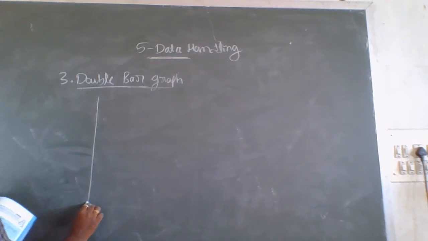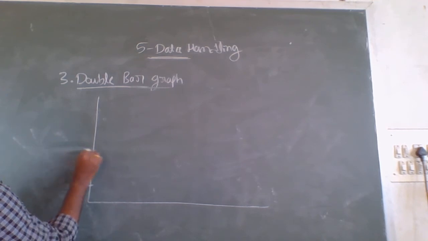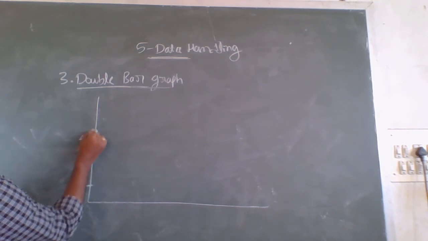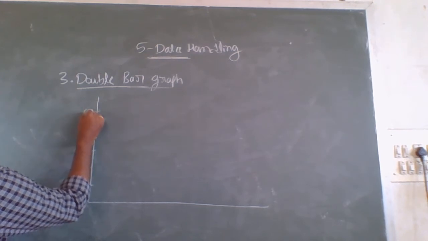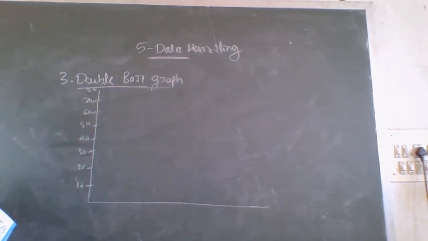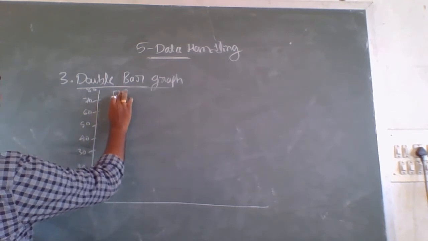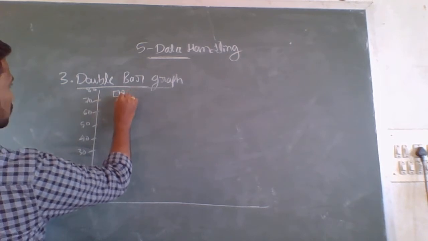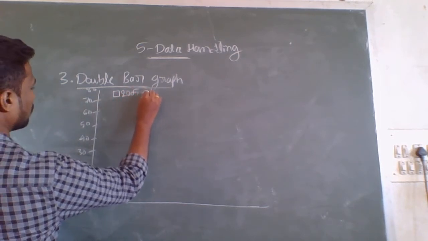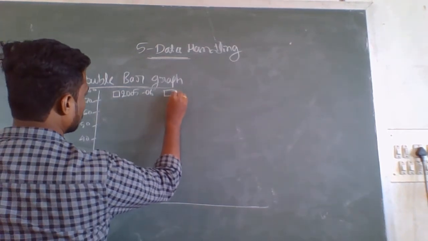This is the graph they are given here, with values 10, 20, 30, 40, 50, 60 up to 80. Here they are given two boxes. One box is for the 2005 to 2006 academic year, and one shaded box.